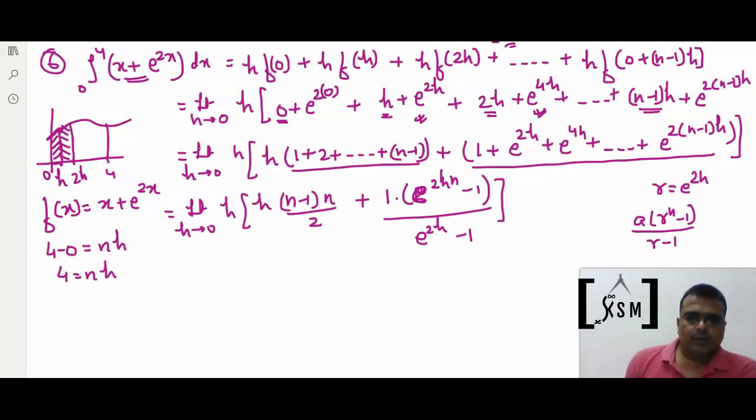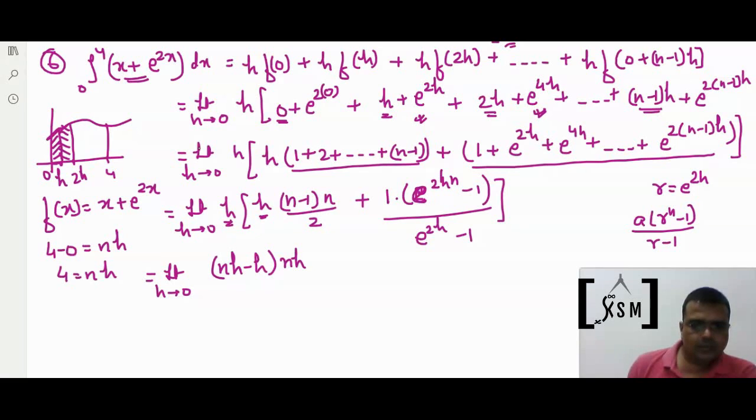Then what we'll do, we'll bring this h inside. This h will bring inside. Okay, see what happens. We'll do exactly the same thing the way we did before. Limit h tends to 0, and this h and this h make h squared, and one by one we'll put inside the bracket. So we'll get nh minus h times nh over 2.